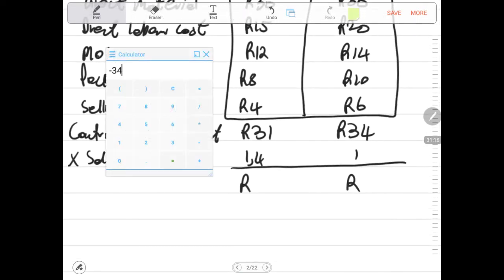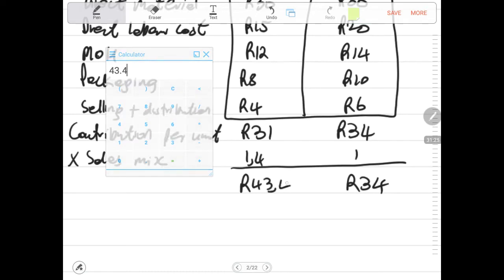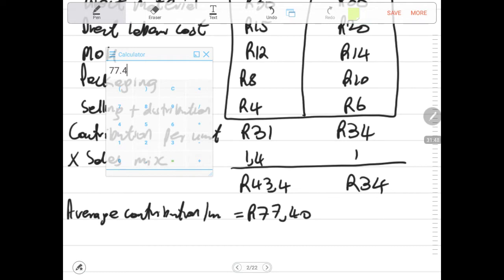Then it will be 31, 34, remain 34. 31 times 1.4, we get 43.40 plus 34. This is what we are looking for, the weighted average contribution per unit.